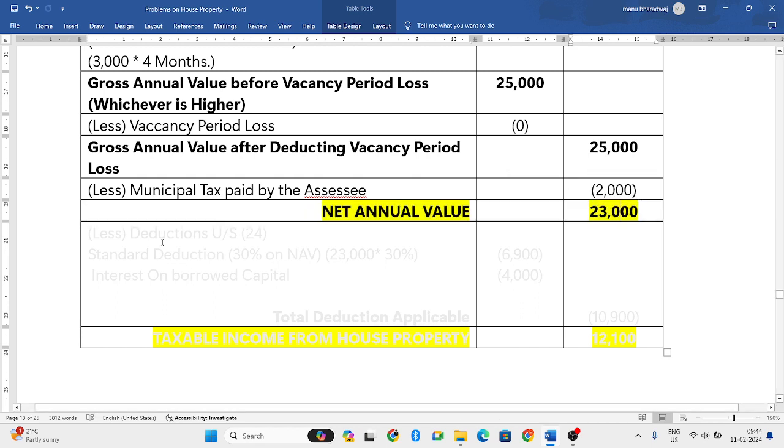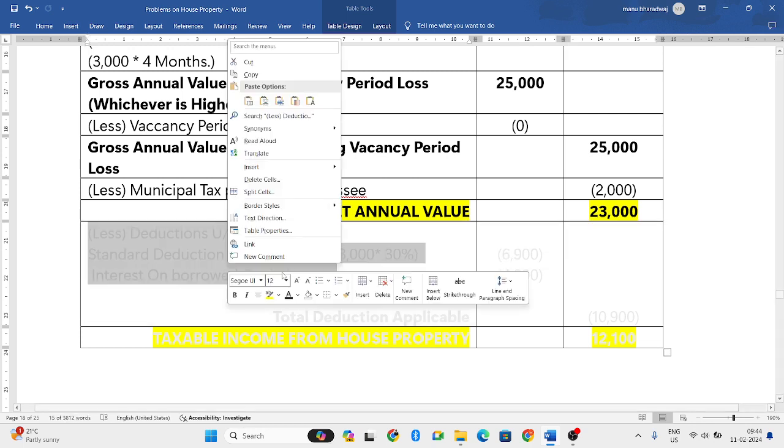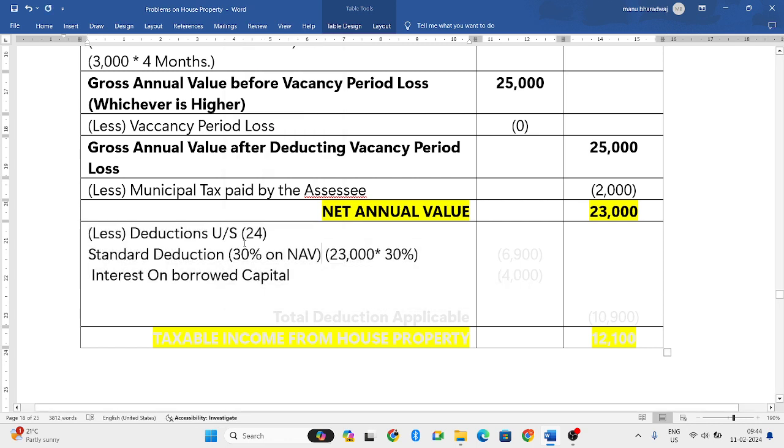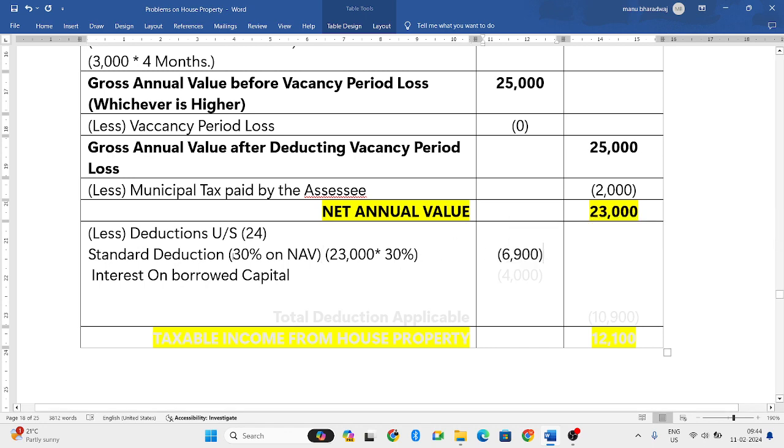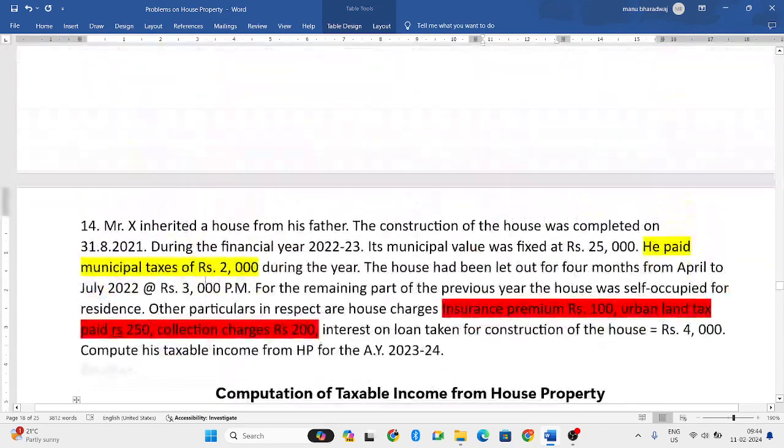Now on this NAV we will give deductions under section 24. First the deduction we will give is standard deduction, that is 30% on NAV. NAV is 23,000. 23,000 into 30% will be 6,900. The second deduction will be interest on borrowed capital.